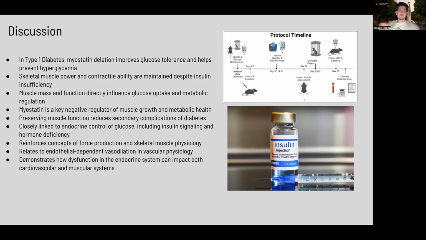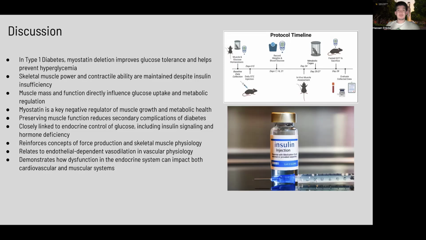So, our discussion: in type 1 diabetes, myostatin deletion improves glucose tolerance and helps prevent hyperglycemia. These findings highlight that skeletal muscle is not just a passive target of insulin, but an active regulator of glucose levels.